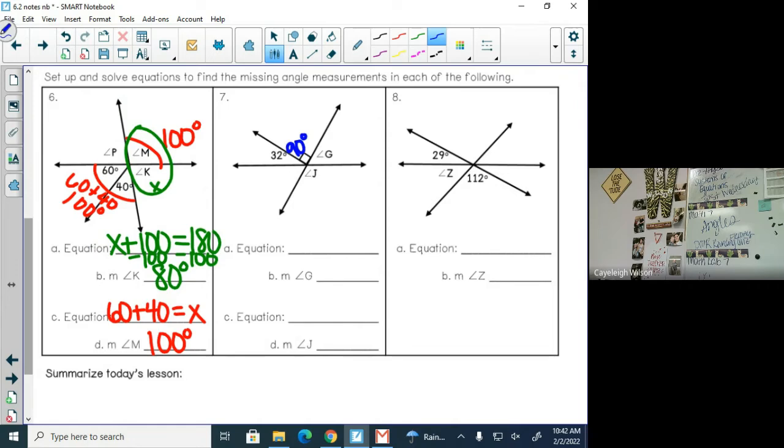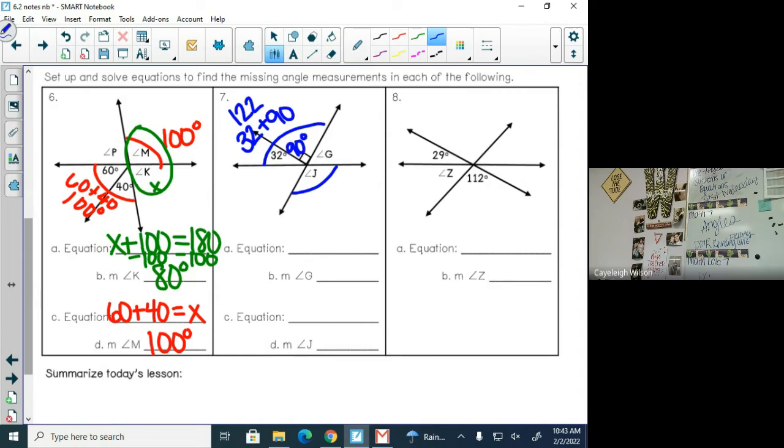So I know that this angle and this angle are what? Equal because they are vertical. They're across from each other. So I know that this angle, 32 plus 90, is 122, right?